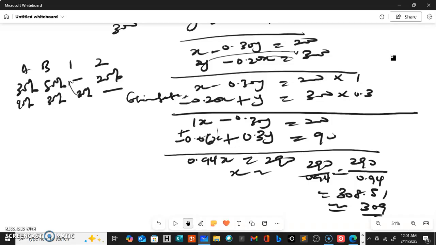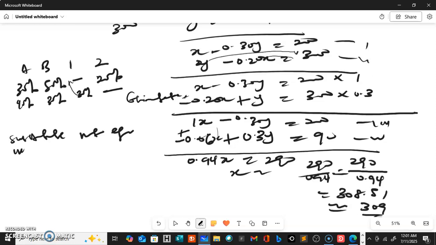So good. Now the next thing is for us to substitute into an equation. Let's say this is equation 1, this is equation 2, this should be equation 3 and equation 4. So let's substitute into equation 3. In equation 3 we have 1x minus 0.30y equals 200.